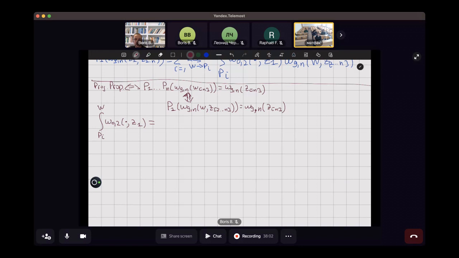And then I obtain here w minus pi over... I'm afraid that the sign is incorrect.